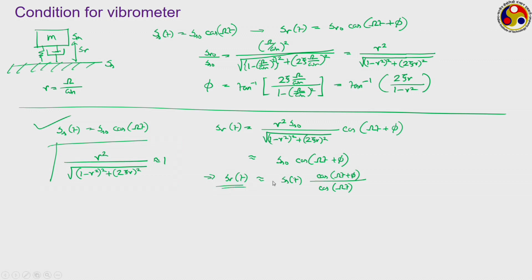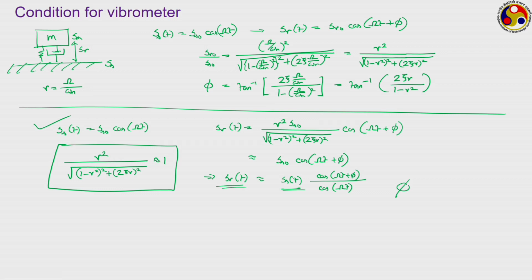This is the resultant signal, this is the imposed signal, and the resultant signal follows the imposed displacement quite well with a phase lag of phi. So, this can be identified as the condition for a vibrometer.